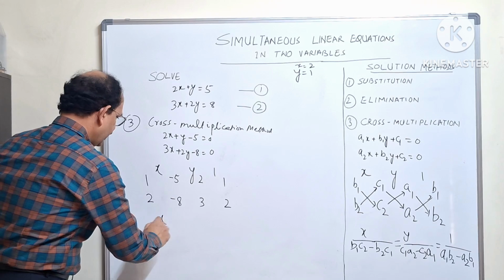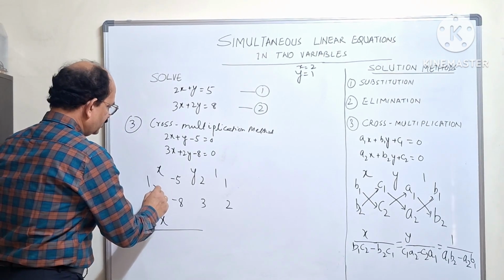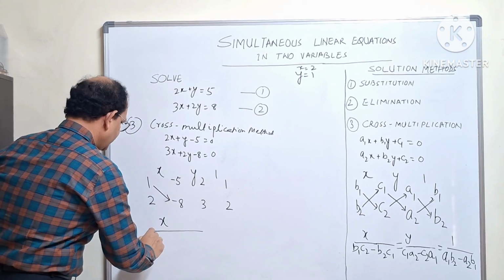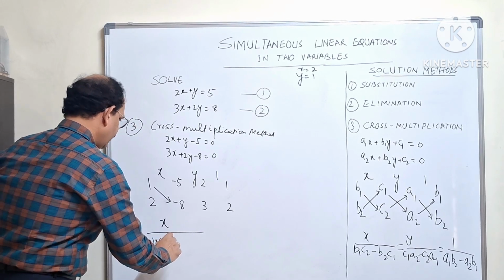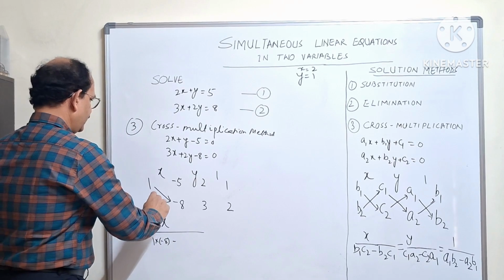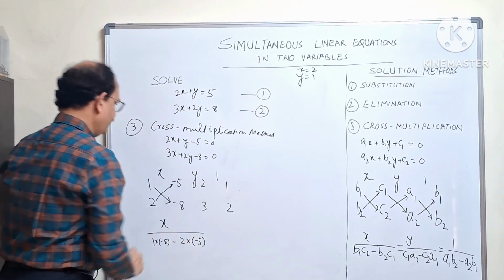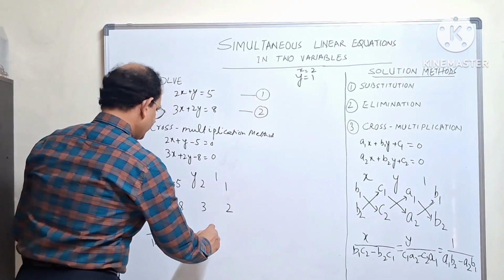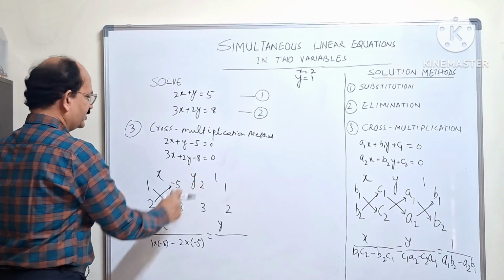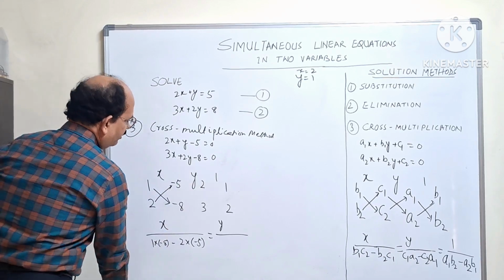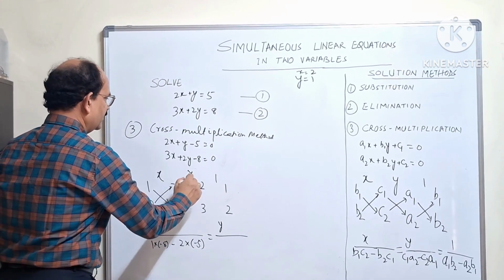So I will write x upon the cross multiplication of b1 c2, that is 1 multiplied by minus 8, minus this cross multiplication, that is 2 multiplied by minus 5. Similarly, y equal to, don't get confused that it is y2, the y is separate. Let me write it a bit upward so that there is no confusion.